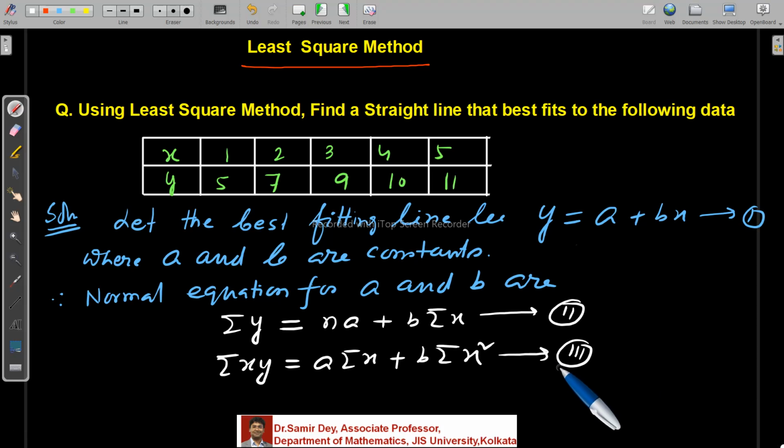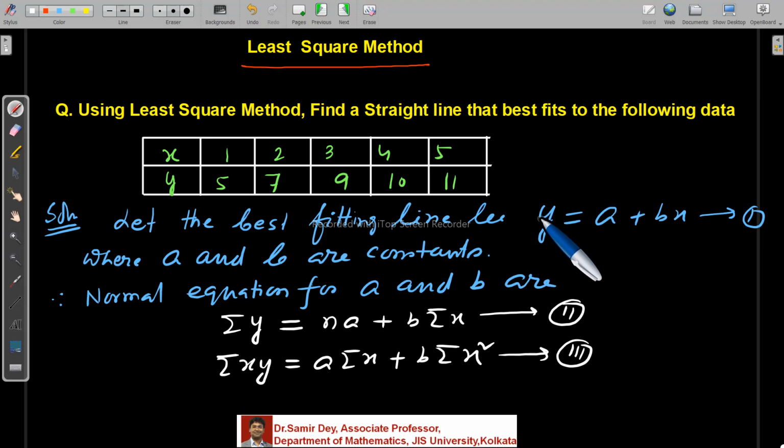Where does this equation come from is very simple. First, the summation is taken to consider all the data. What is n? n is the number of terms. In this problem the number of terms is 1, 2, 3, 4, 5, so n will be 5. This is your straight line.